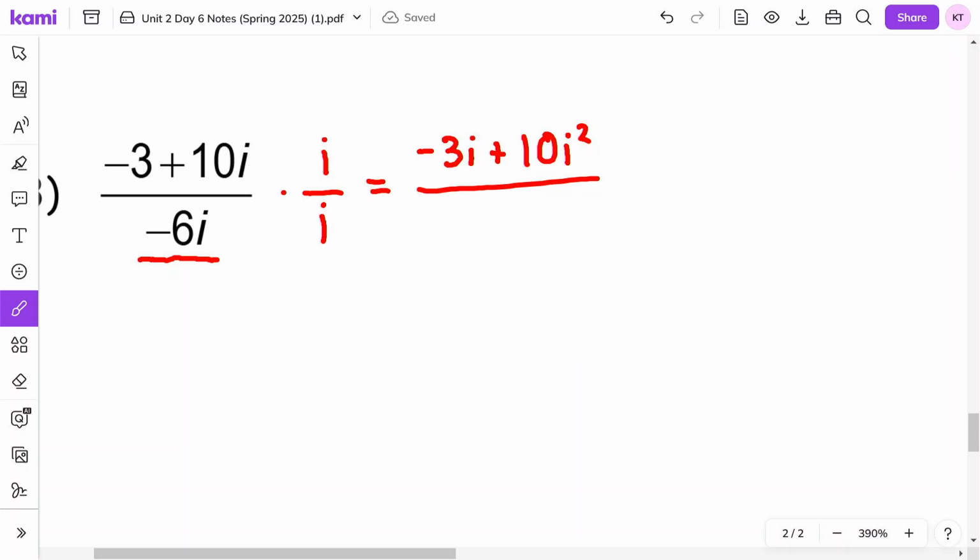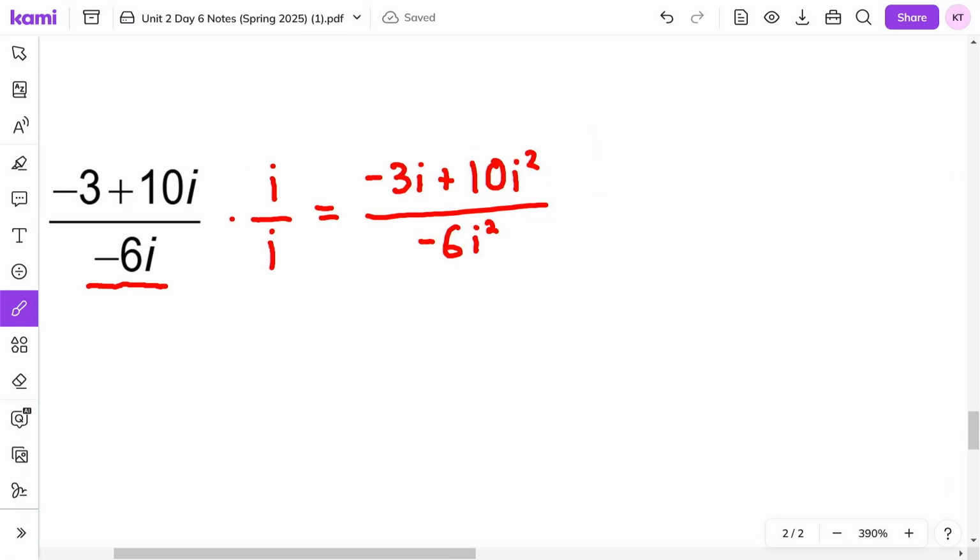So when I simplify this, negative 3i is going to stay the same, but then that's going to be plus 10 times negative 1. And then on my denominator, that will be negative 6 times negative 1.